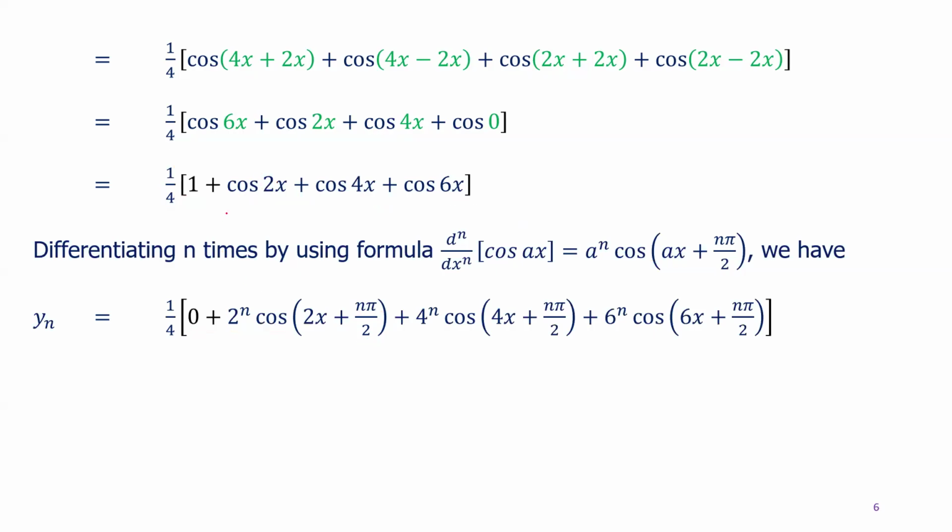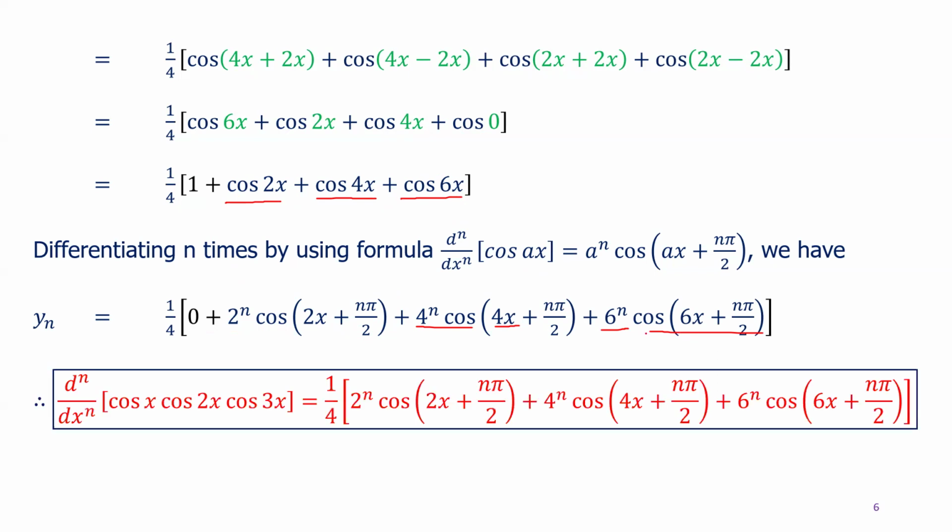This is the nth derivative of cos 2x. Similarly, the nth derivative of cos 4x is 4 to the power n cos(4x + n pi by 2), and the nth derivative of cos 6x is equal to 6 to the power n cos(6x + n pi by 2).